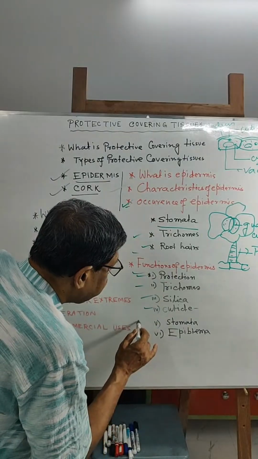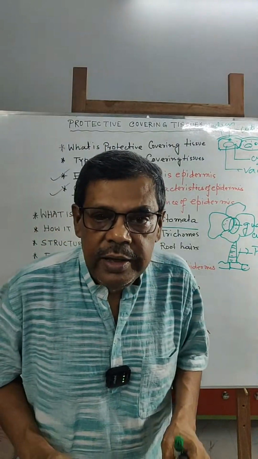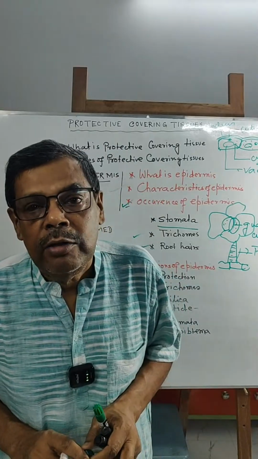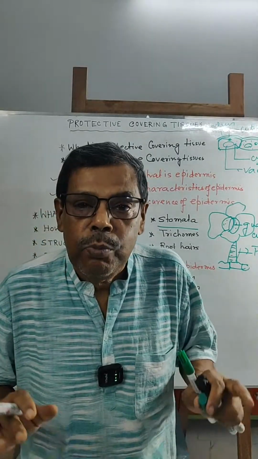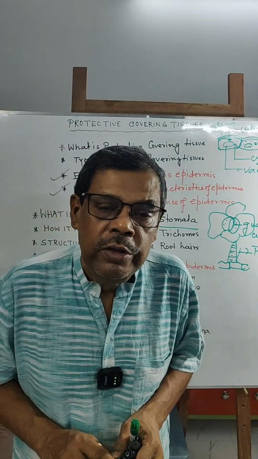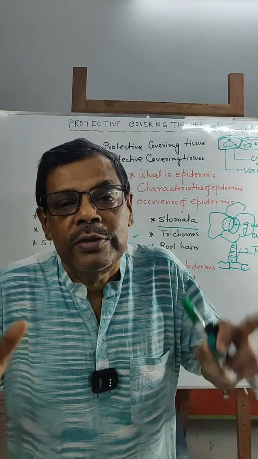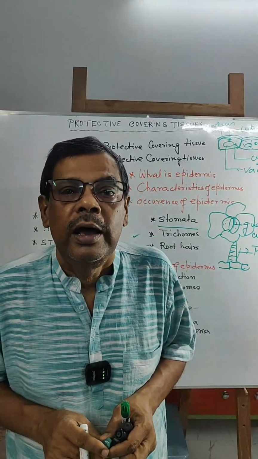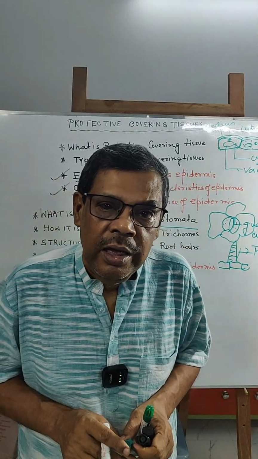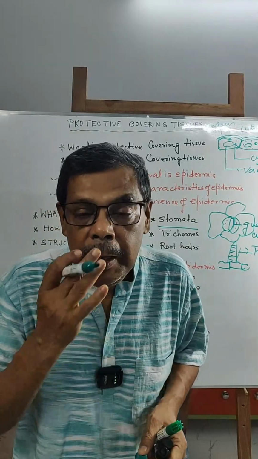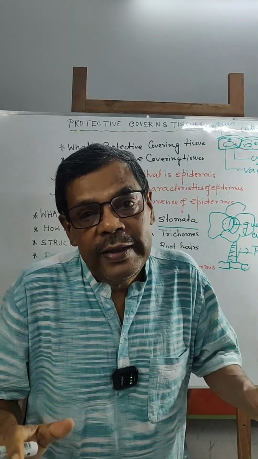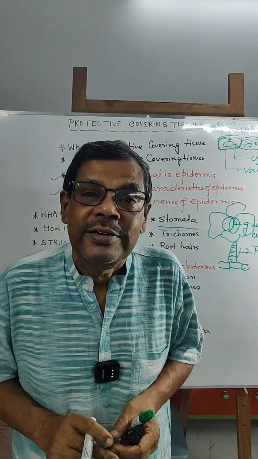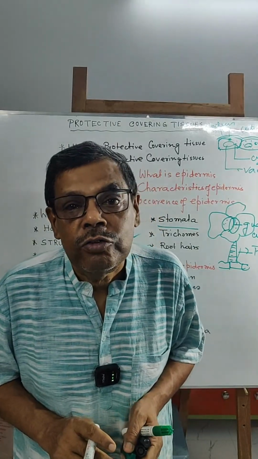Next, stomata. I have said that stomata are microscopic apertures or pores through which gaseous exchange takes place. They provide not only gaseous exchange, but transpiration also takes place when the stomata are open.